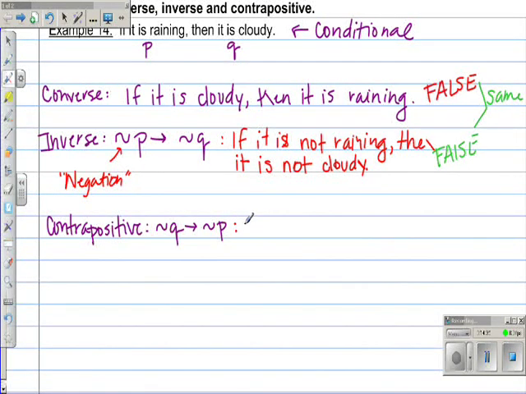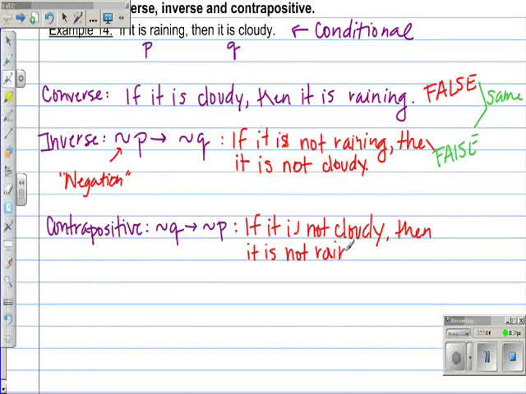So in this example, we would say, if it is not cloudy, then it is not raining.